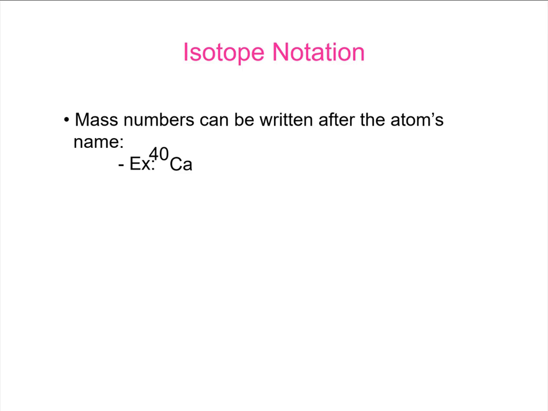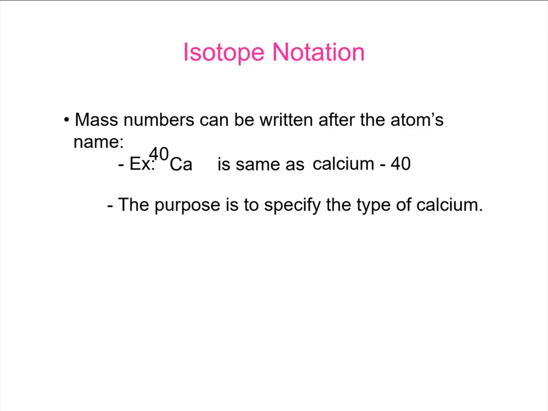So for example, the 40 right here is the mass number, and you can write that after the name. So you can call it calcium 40 like that. And the purpose is to specify the type of calcium.